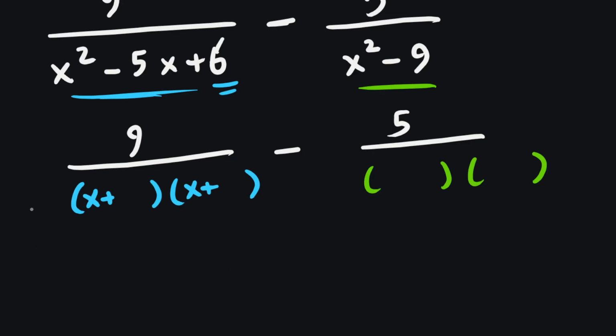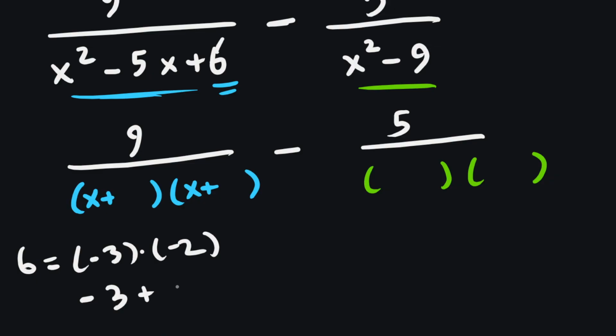So for 6, 6 can also be negative 3 times negative 2. Since a negative times a negative is a positive, both of these factors can be negative. So negative 3 times negative 2 equals positive 6 when we multiply them. And then when we add them, negative 3 plus negative 2, and plus negative is the same as subtracting, so negative 3 minus 2, really.